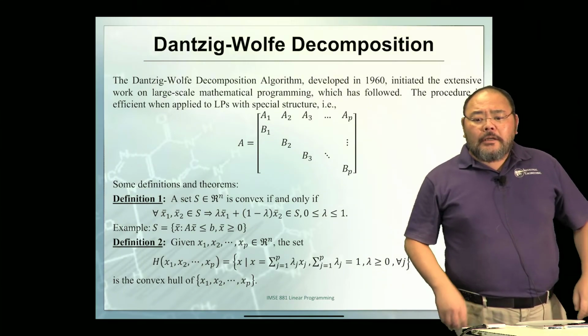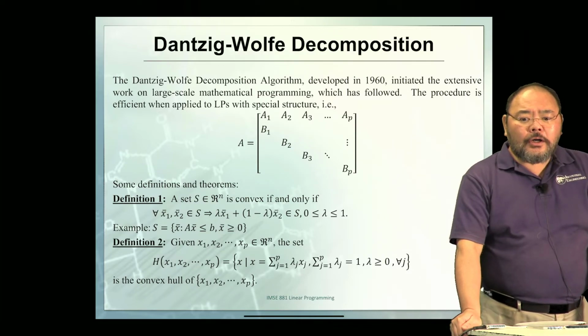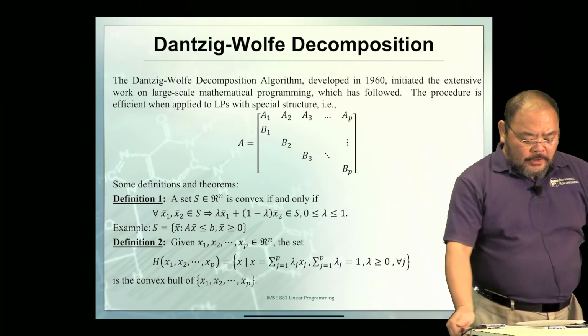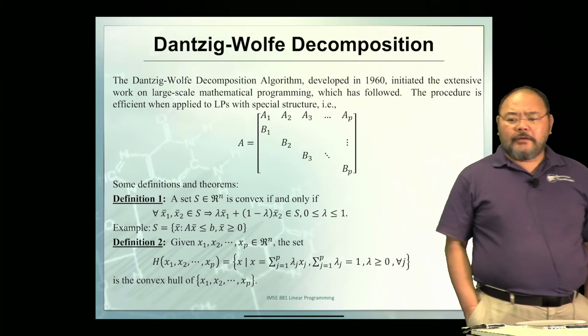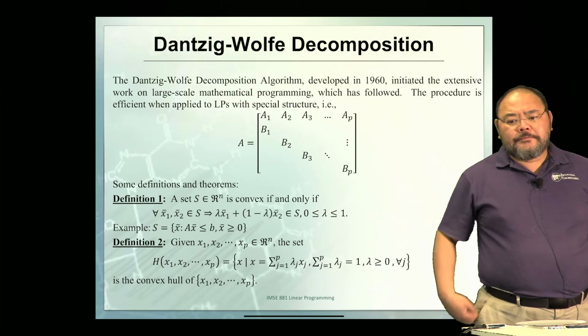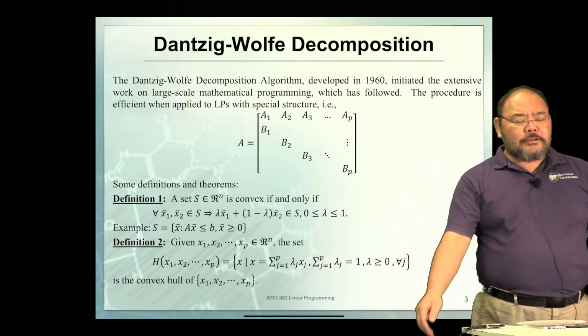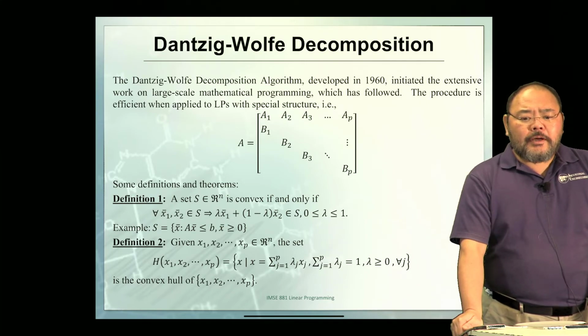It was initiated by extensive work on large-scale mathematical programming, especially linear programming, which has been followed by many other variations of algorithms. Nowadays this type of decomposition algorithm typically has two different types. The first type is the so-called column generation algorithm, which is based on the Dantzig-Wolfe decomposition algorithm.